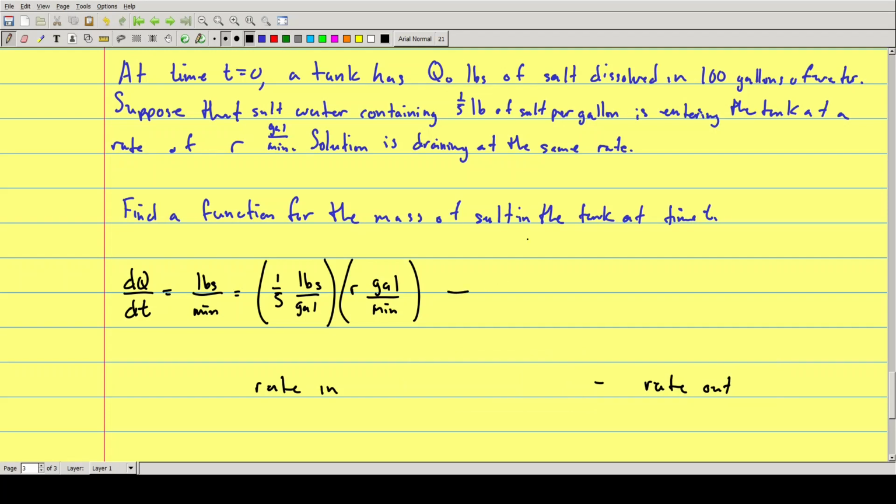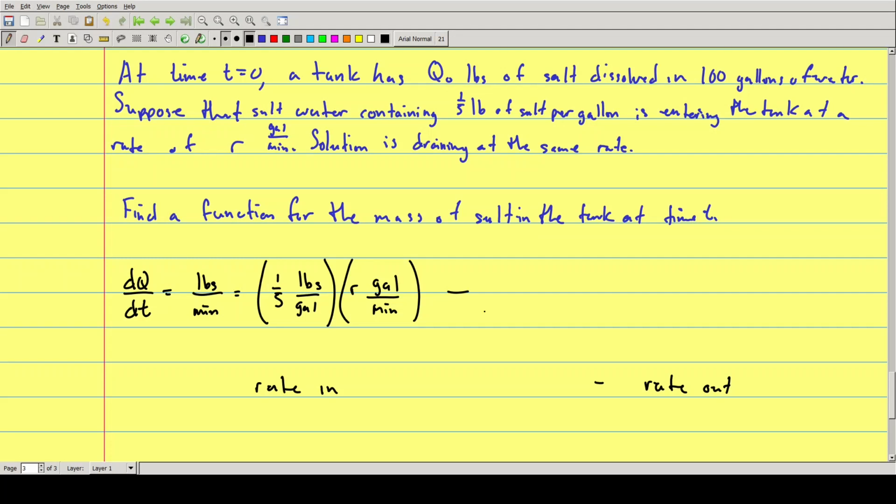For the second term in our differential equation, we need to determine the rate out. This is where our assumption of the solution being well mixed comes in. Okay, we know that any salt added to the tank is immediately incorporated with the salt that's already in the tank.